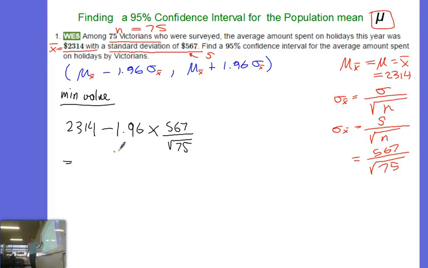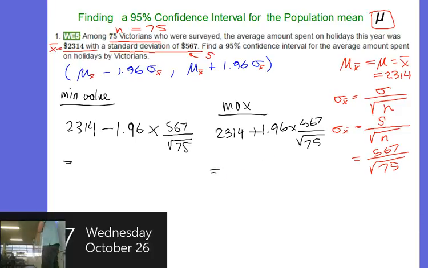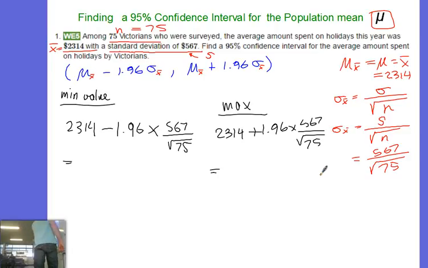So then, what's the max value? You take the mean of the distribution, and now you add 1.96 times 567 on the square root of 75. That becomes your whole calculation that you do on the CAS. So what kind of values do we get?